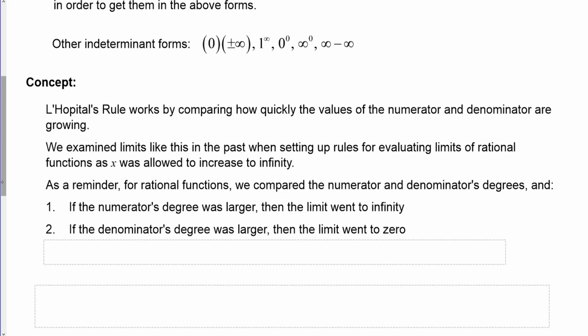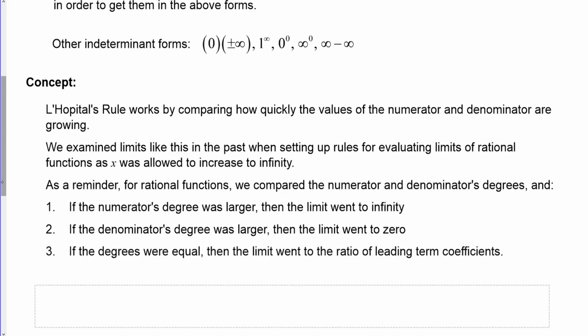If the denominator's degree was larger, then the limit went to 0. And the logic there is, if the degree in the denominator is larger, then the denominator of that fraction grows very quickly compared to the numerator. And as you go to infinity, the entire fraction goes to 0.